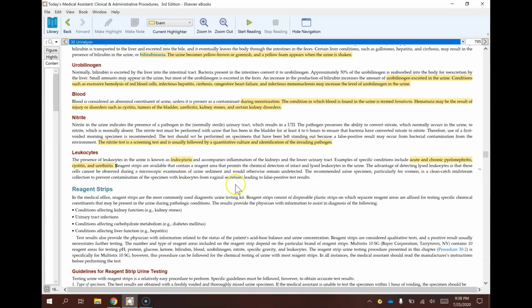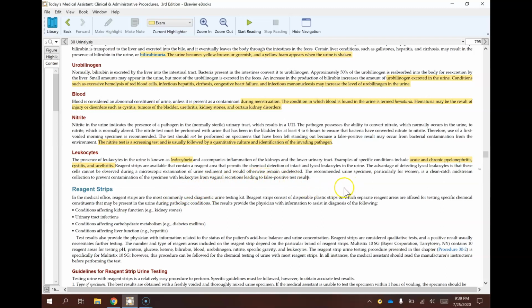They do make special dipsticks or reagent strips that permit chemical detection of intact or broken leukocytes in the urine. The advantage of detecting that lysed leukocyte is you can't see white blood cells during your microscopic exam of your urinary sediment.